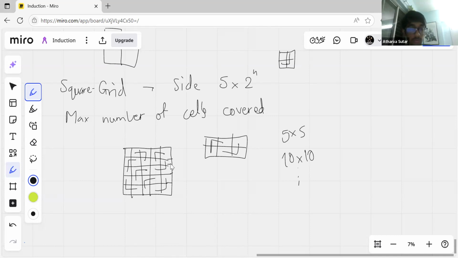Okay, so notice that you have covered 24 of the 25 cells and only the corner cell is left. So for n equals 0, the answer is basically only one cell is uncovered. Now, do you think you can extend this?